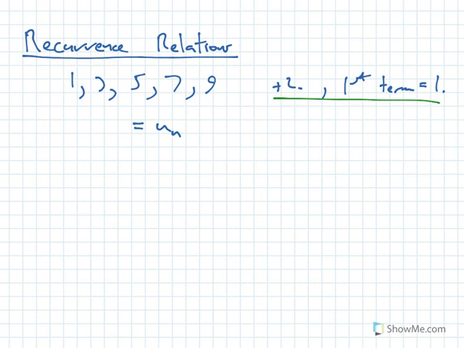So to get from my current term to my next term, I have to add 2. And if my current term is un, then my next term must be un+1, because I'm just literally having a little counter going up. So these n+1s and this n here, they're subscripts, okay? That's not u times n plus 1, it's u subscript n+1.